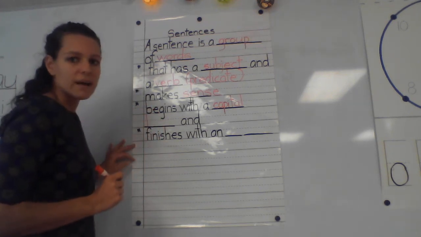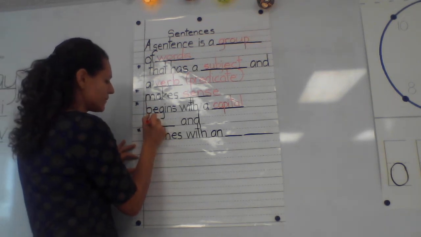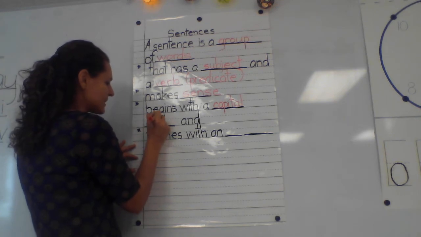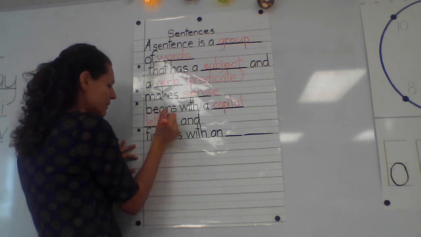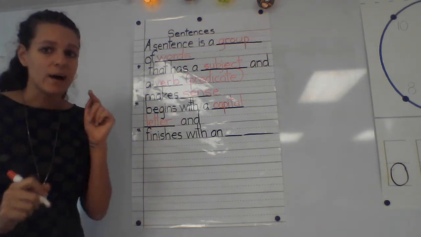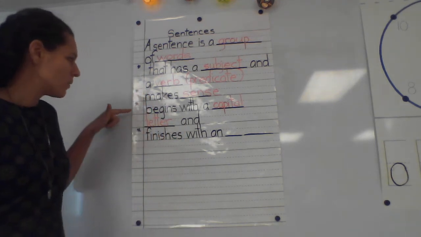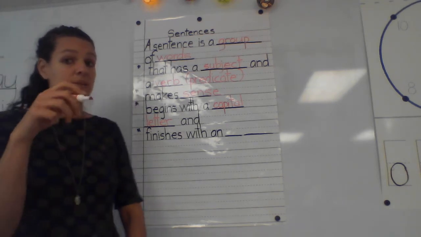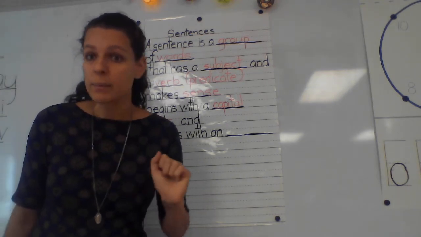You know, I have never ever in my whole life been reading a book and seen sentences that didn't start with a capital letter. It just doesn't happen. You always begin with a capital letter. All right, so right now when I'm saying the sentence, we don't see a capital letter, but when you write it down, you gotta put it there.